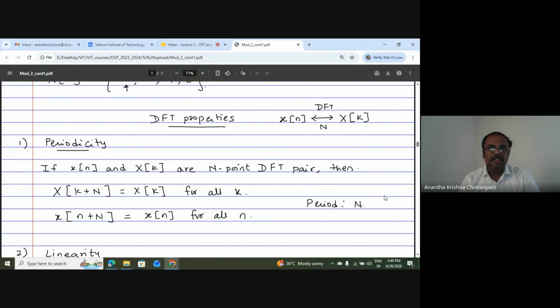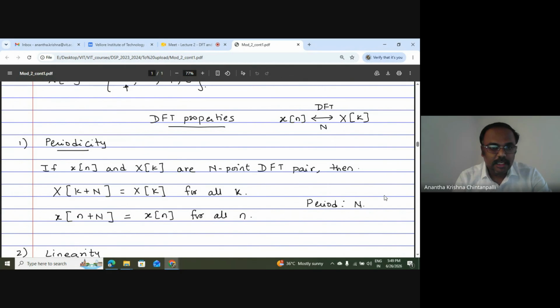As you might have seen in signals and systems, there are so many properties for continuous time Fourier series, continuous time Fourier transform, discrete time Fourier series, discrete time Fourier transform. Also, you might have done Laplace and Z transform as well. Why are these properties required in general? These properties help you solve the problem a lot faster.